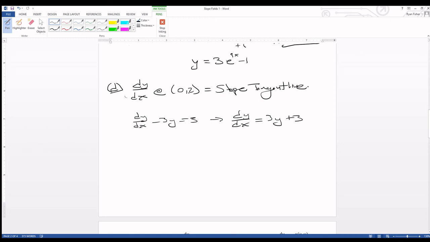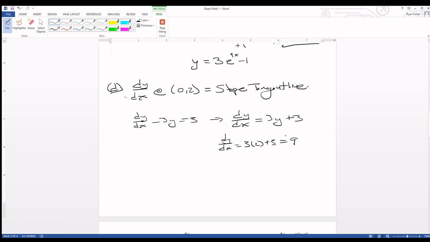At the point (0, 2), everywhere I see an x in this formula I'd plug in 0, and everywhere I see a y I'd plug in 2. In particular, there are no x's, but there is a y, 2. So the slope is equal to 3 times 2 plus 3, which is 6 plus 3, which is 9.